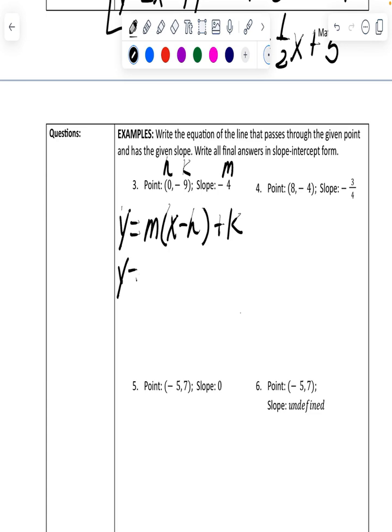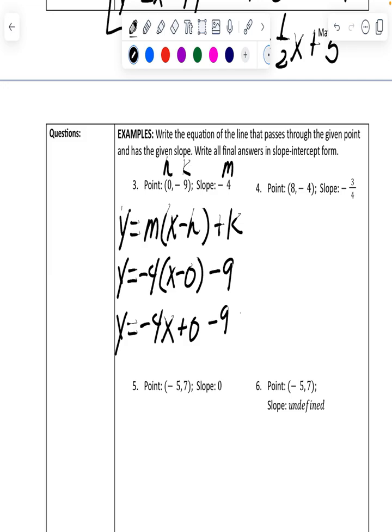So y equals negative 4 times (x minus 0) minus 9. Okay, so great. Y equals negative 4x. I'm going to do distributive property. Plus 0, minus 9. Y equals negative 4x minus 9. There's my slope-intercept form.